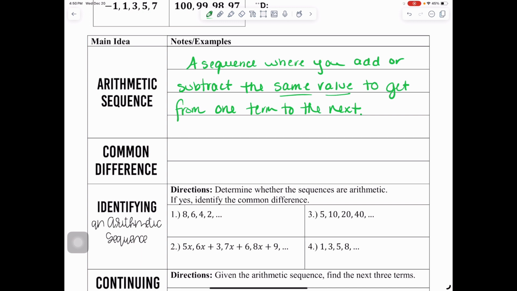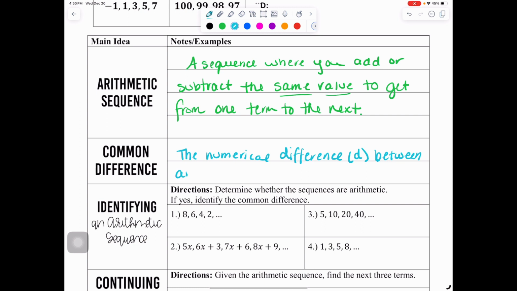So since an arithmetic sequence is an adding or subtracting pattern, the next vocabulary word that we need to know is the common difference. So this is going to be the numerical difference, which we will refer to as the letter D, between any two consecutive terms.